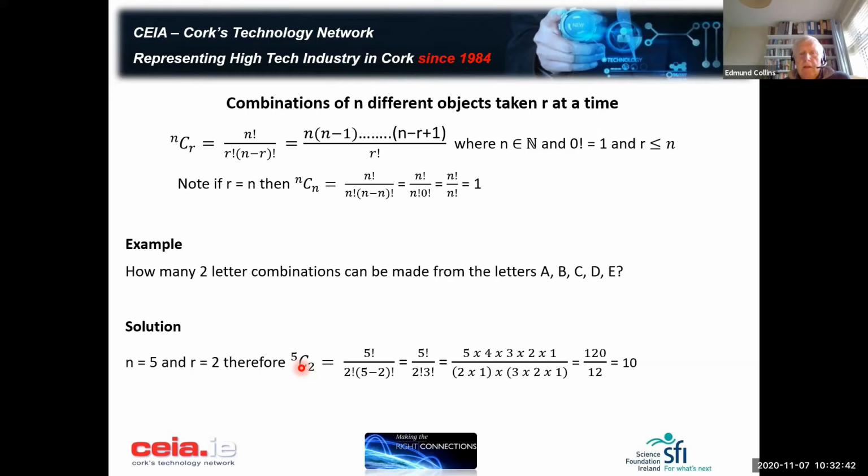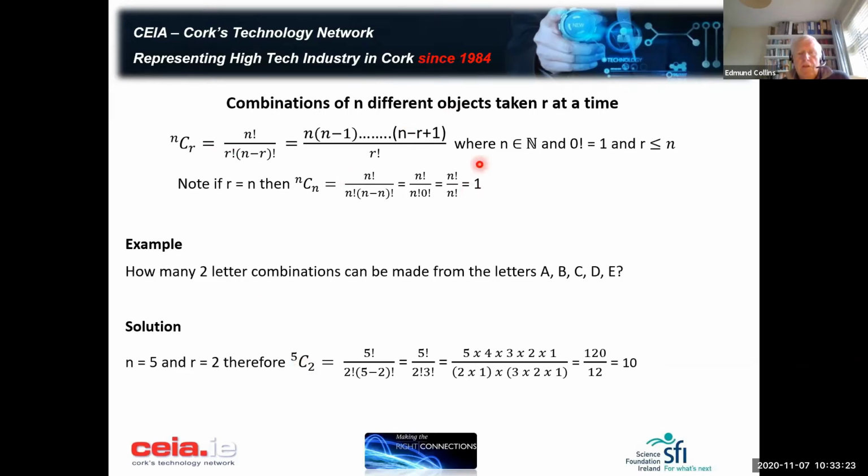Again, the rule applies here where n must be a natural number, factorial 0 is 1, and r is less than or equal to n. If we put in r equal to n, then we get factorial n divided by factorial n multiplied by factorial n minus n, which is equal to factorial n divided by factorial n, which equals 1 in this case.